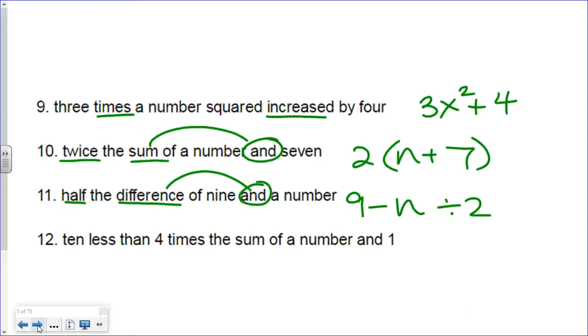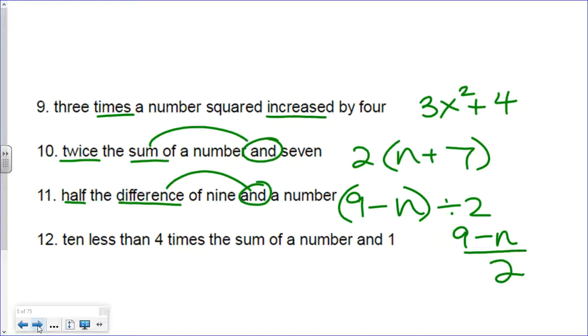N. Okay, I just have one issue here though. This says half the difference. How many things does a difference have in it? 2, right? 2 numbers are getting subtracted, aren't they? So in order to keep them together, we're going to put parentheses around them. Now, if you wanted to use your fraction bar, it would look like that. Okay? If you wanted a fraction bar.